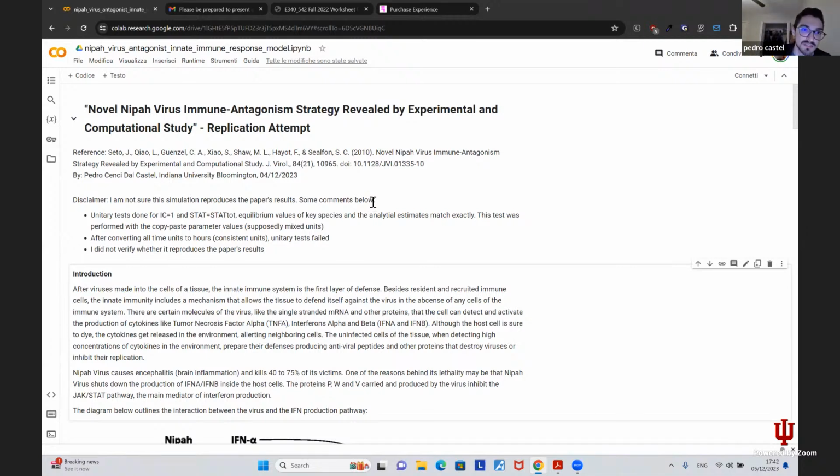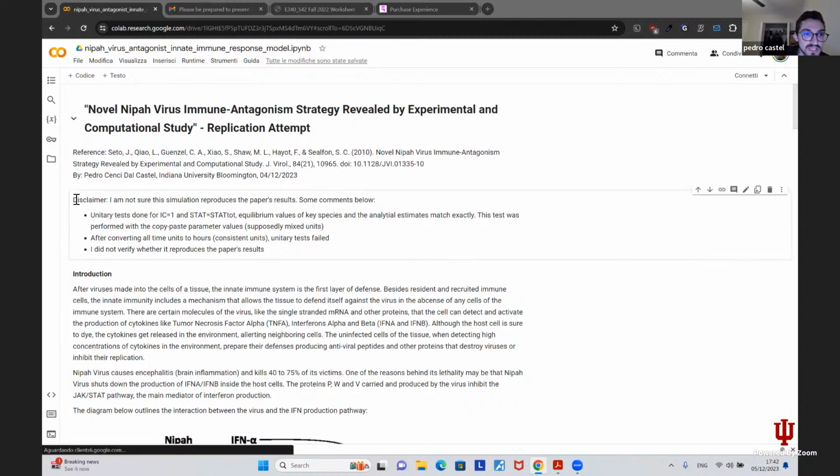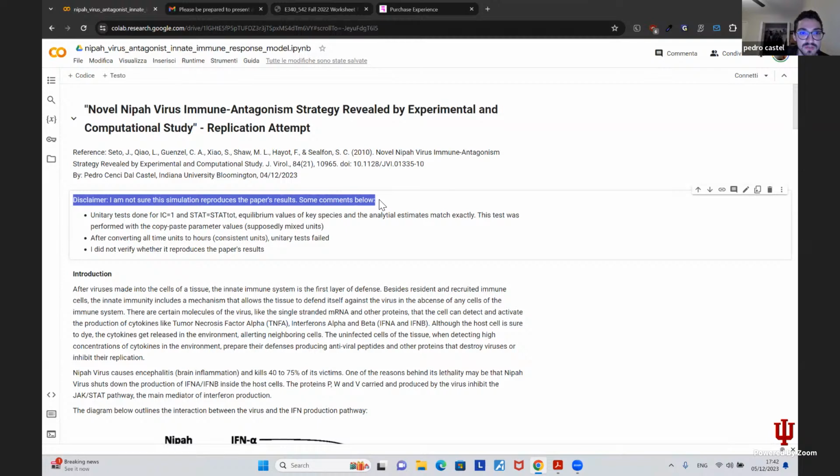My project is the replication attempt so far of the Nipah virus immune antagonism strategy. This is my Colab notebook. There's a disclaimer: I'm not sure if it really reproduces the paper results, and I don't think I will be able to check that because they do some mysterious normalization of the results.